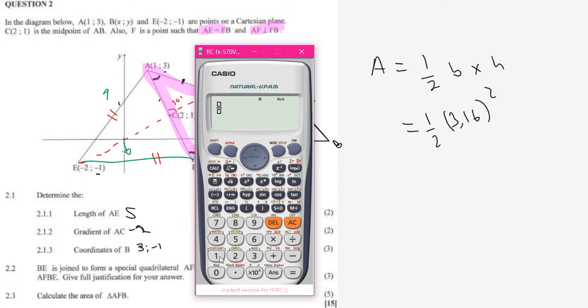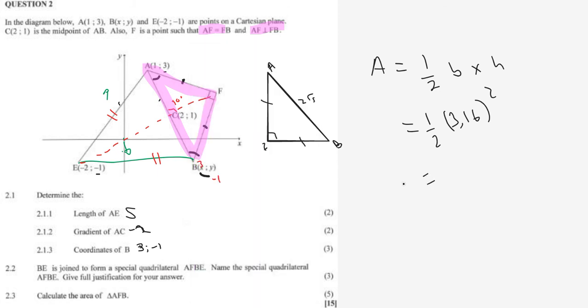I'm going to say half multiplied by open bracket, we're not putting 3.16, it's going to say alpha A because it's stored here, and now squared, and then I get the answer: the area is equal to 5 units, not just units, squared, because this is area.